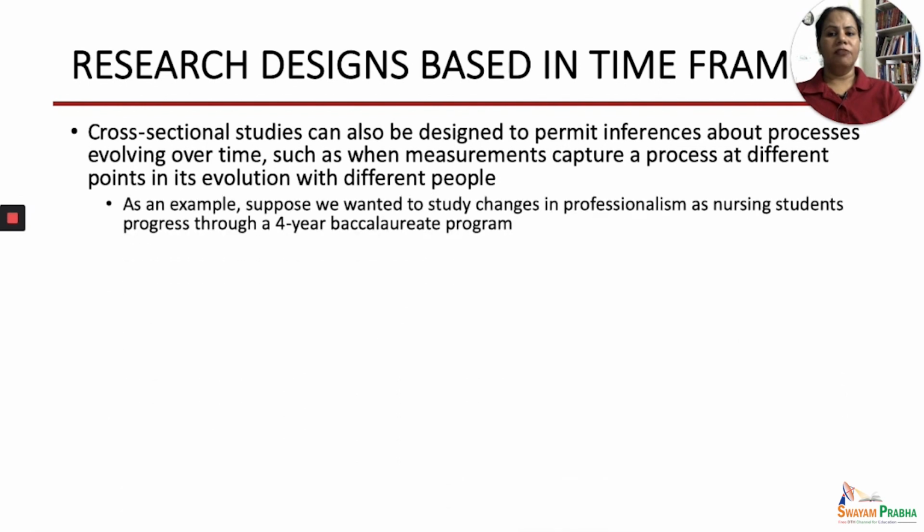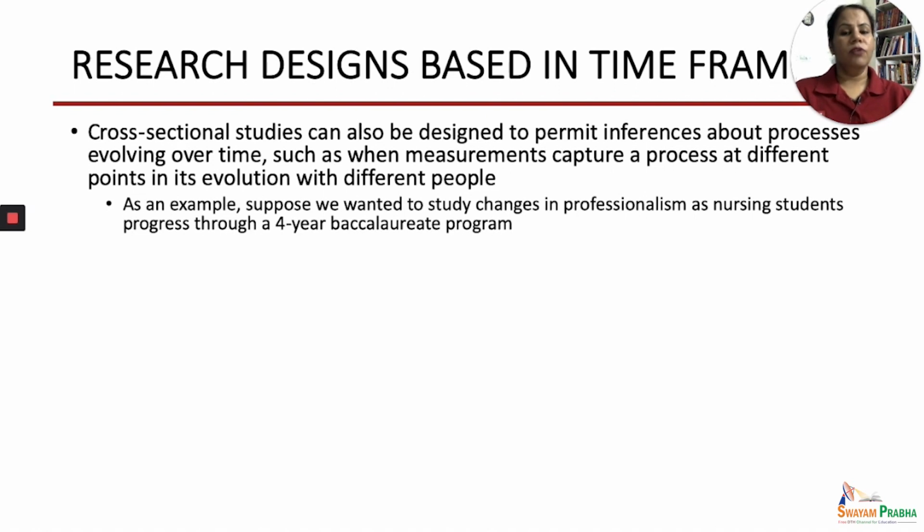Here is one example. Suppose we wanted to study the changes in professionalism as nursing students progress through a 4-year baccalaureate program. If bachelor students are there and we want to find out how the professionalism changes from the first year till the fourth year.